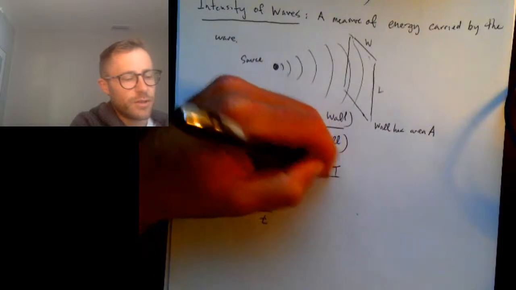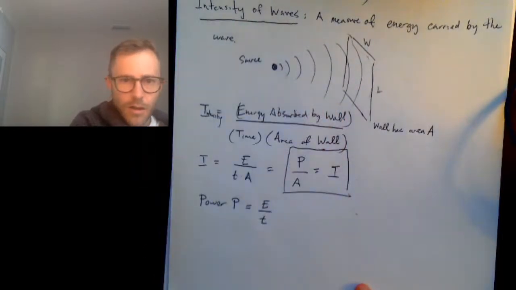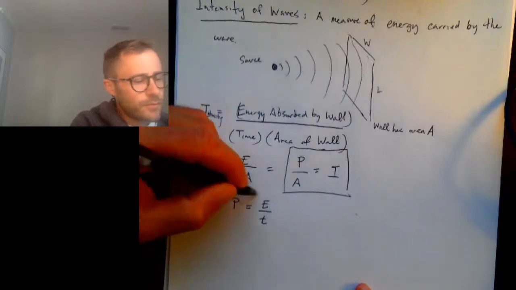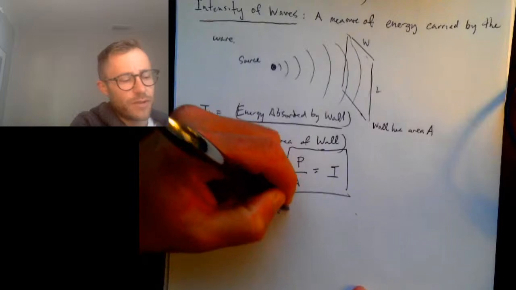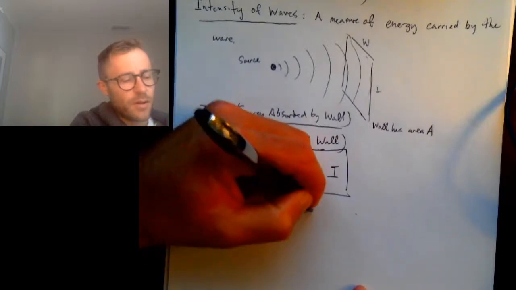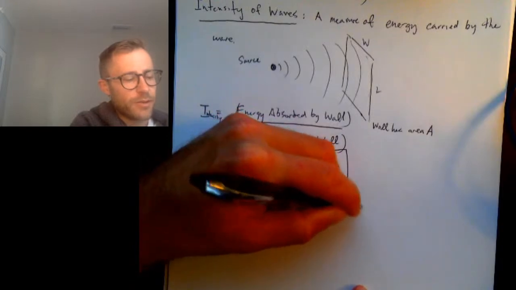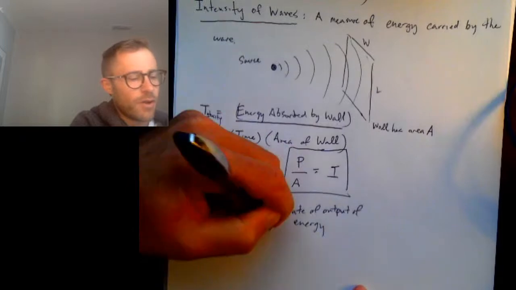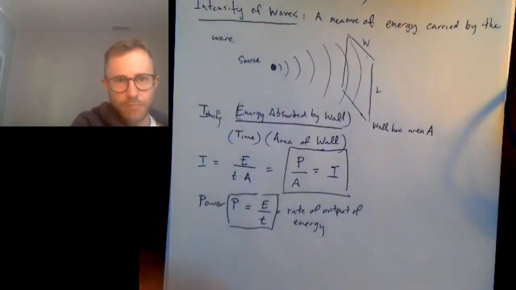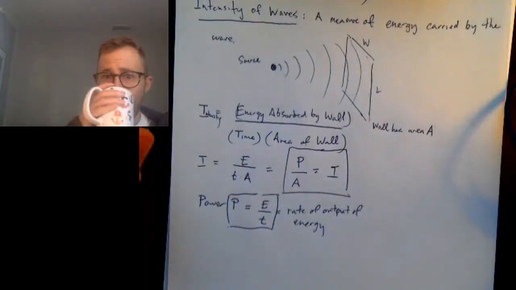So intensity is the power per area. And power is energy per time. It is the rate of output of energy. So if you have a large power output, you are outputting energy very quickly in a short amount of time.